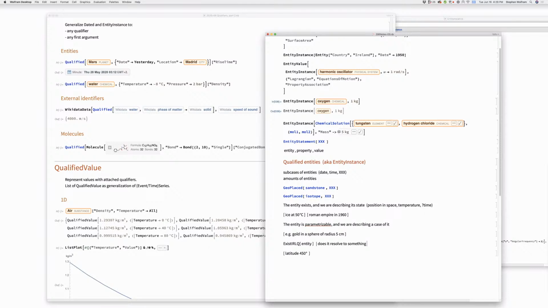Well, actually, all we can say is, does it resolve to something we know about? Something real or something we know about? Because maybe all we can say is it doesn't resolve to something we know about. The sphere of gold the size of the sun might resolve in principle, but it doesn't resolve to something we know about.